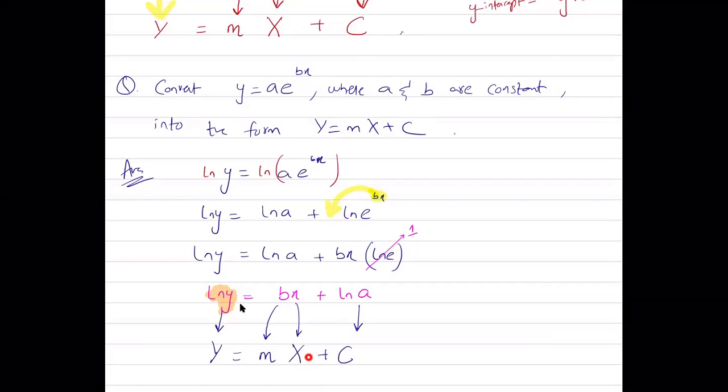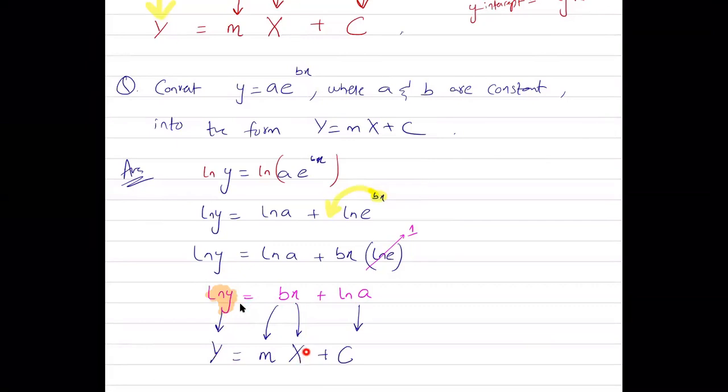Whenever you are rearranging, you will rearrange in such a way that capital Y and capital X only have the variables y and x. They must not include a and b.